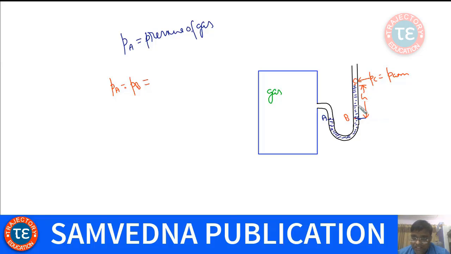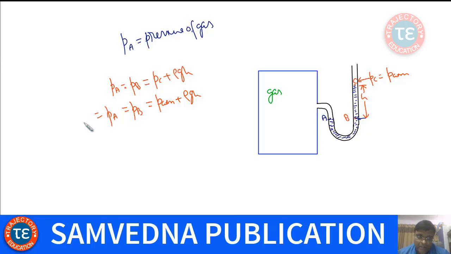Suppose this is height H. H is the difference in the height of the liquid in both limbs of the U tube. So PB is PC plus rho g h, and PC is P atm, right?